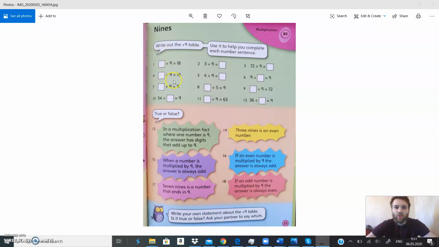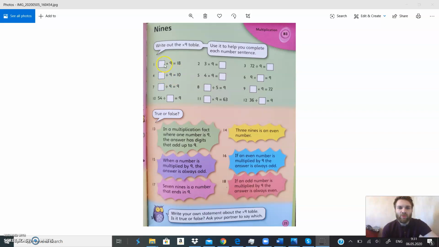You've just got to answer these questions. Now, the only difference between some of these and the ones we did before is that some of them are division questions. But it's the same principle. So if you've got the gap here, then you need to do 9 multiplied by 10 equals this one here.